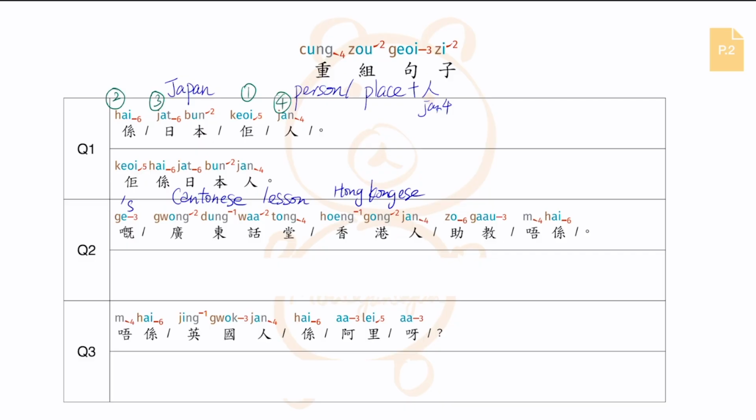助教 Do you still remember what is 助教? It means TA, teaching assistant. 唔係 is negation, right? 唔係 means it's not, right? So, how to make this sentence? It should be something is not something, or someone is not someone. So, it should be 廣東話堂嘅助教, the teaching assistant of the Cantonese lessons.